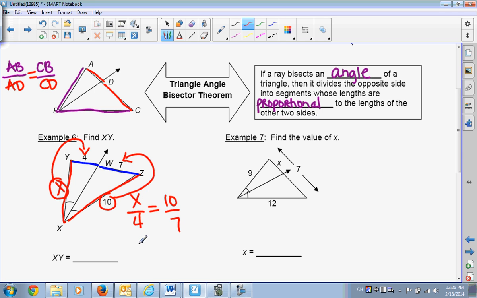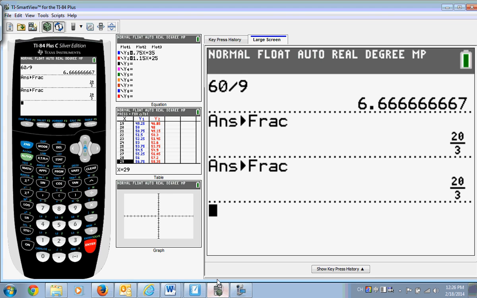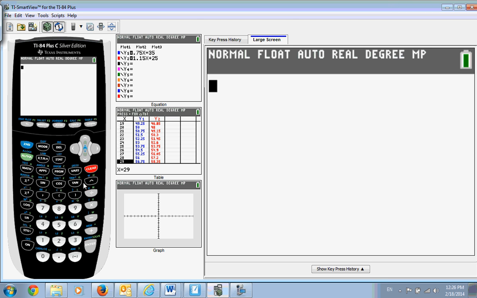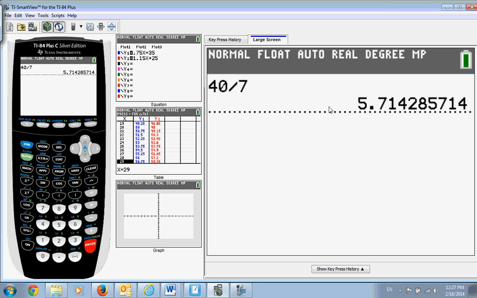So once you cross multiply, 7x equals 40. And then we're going to need to go to our calculators to divide by 7. So 40, let's clear this out. 40 divided by 7. It's going to give me a big long decimal. Let's go ahead and turn that into a fraction.